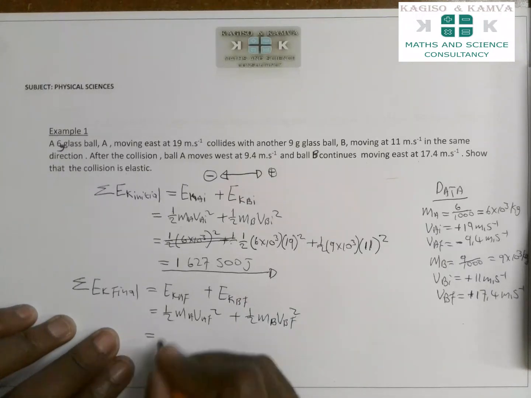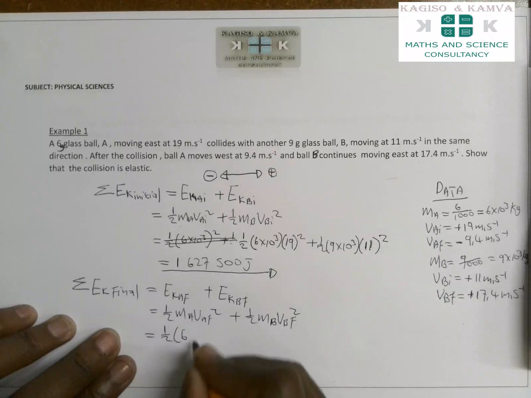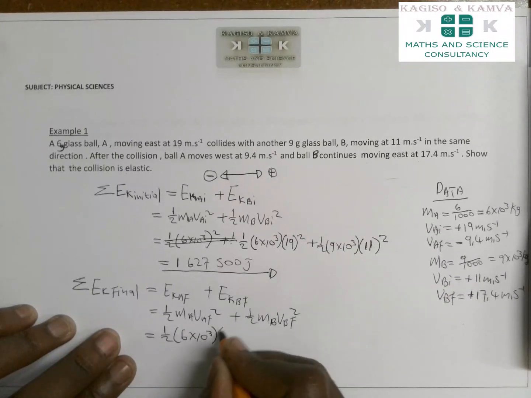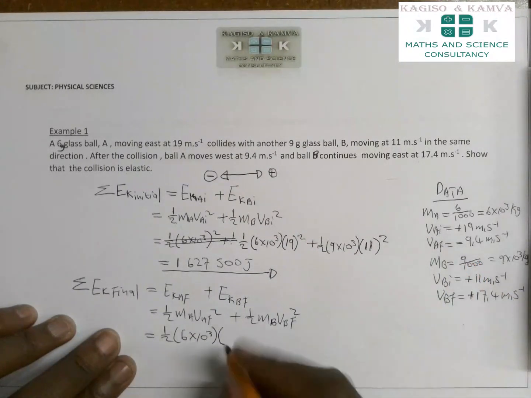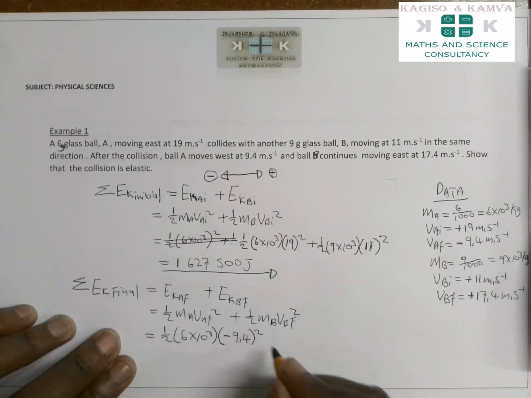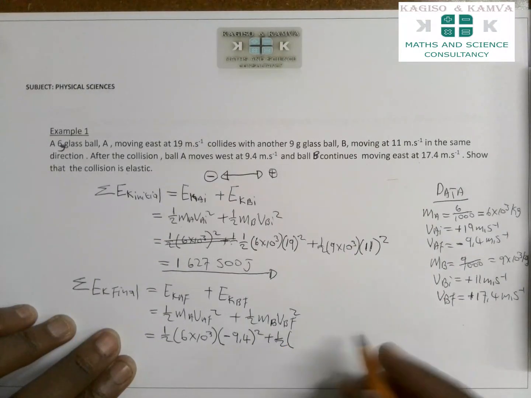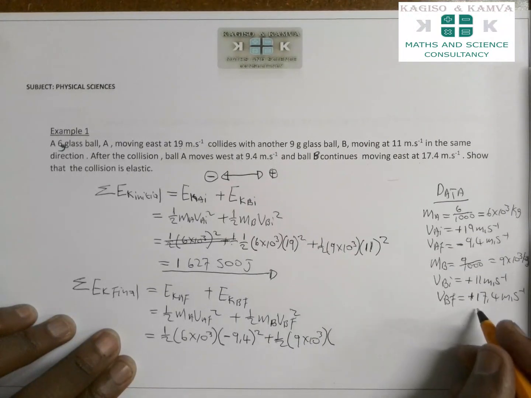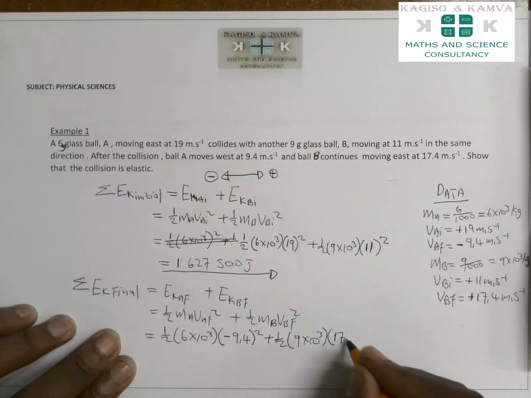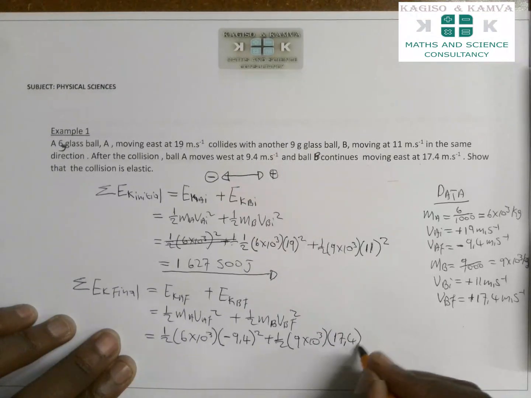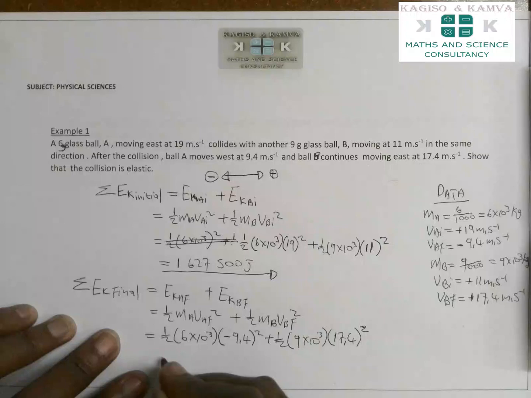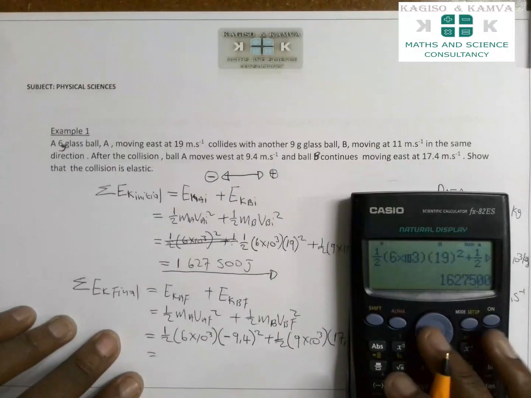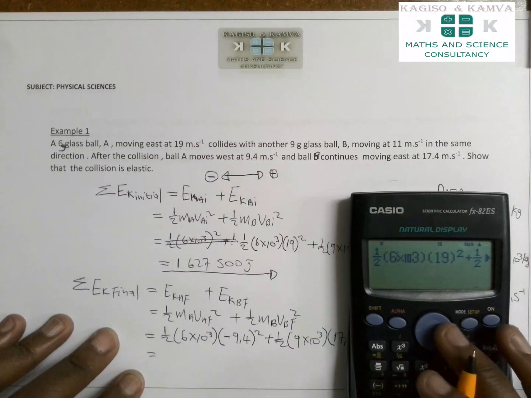That will be equal to half 6 times 10 to the power 3, final is negative 9.4 squared, plus half mass of B, 9 times 10 to the power 3, and then the velocity is 17.4 squared.